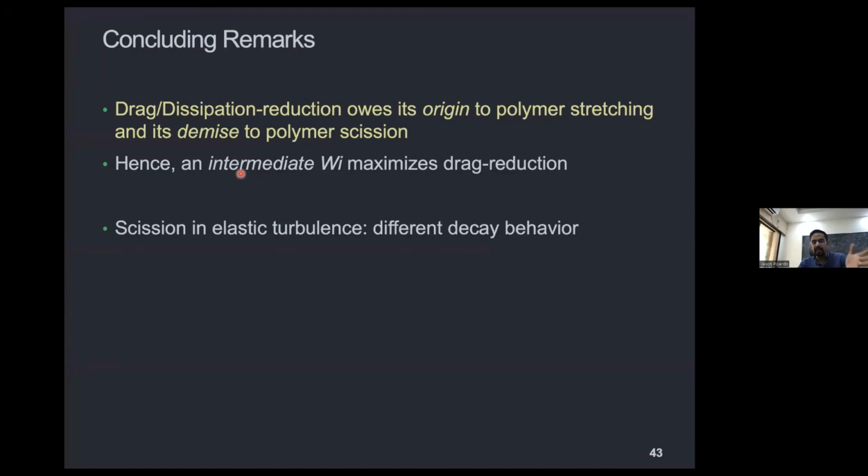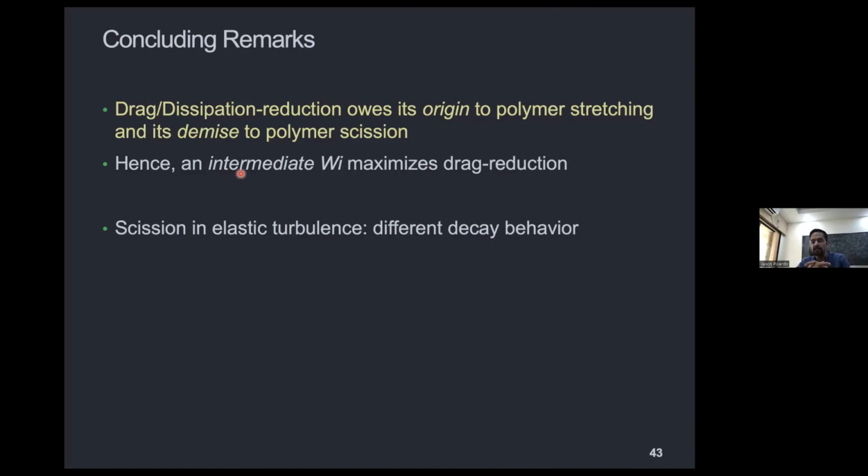Now, talking about elastic turbulence, it has some similarities, of course, to what I've been discussing, because if you're below the Kolmogorov scale, the Batchelor regime of regular turbulence is similar to elastic turbulence. One key difference is that the turbulence is being driven by the polymer in the case of elastic turbulence. So as the polymers break, you will lose the turbulence itself.